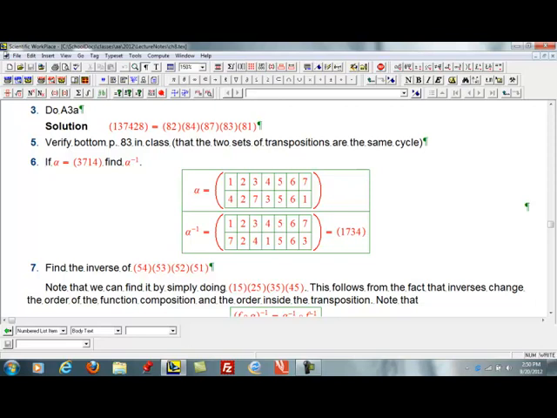If we do it one more time and then do it backwards, isn't that the same answer as the inverse? They should.